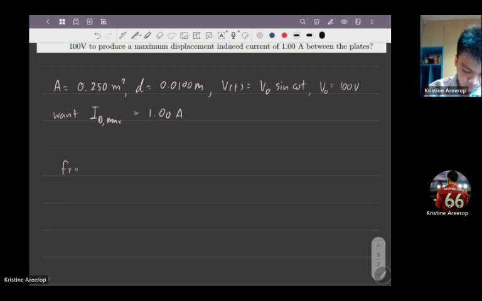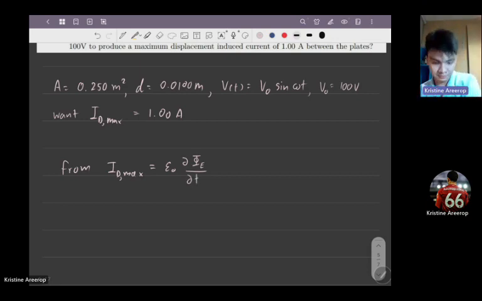From Maxwell's modification, I_d max equals epsilon 0 times the partial derivative of phi E by dt.